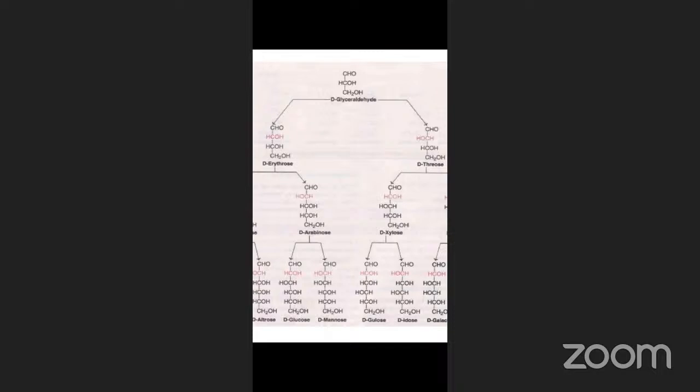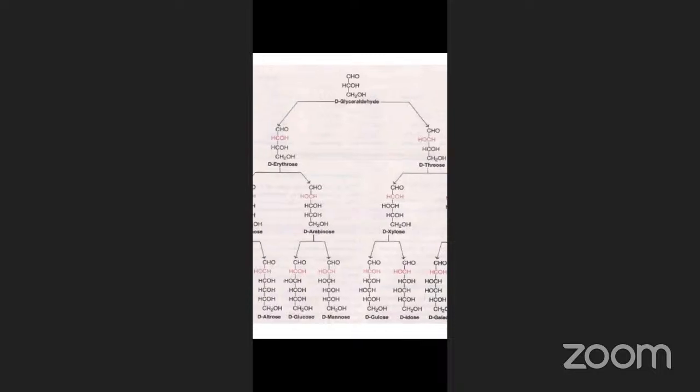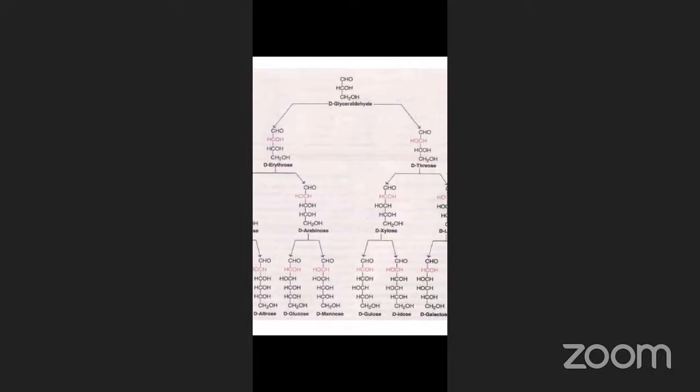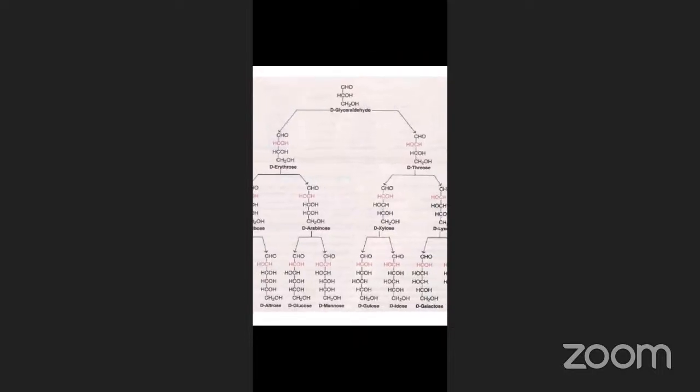Now you give the names erythrose and threose. In erythrose, the OH group orientation is the same as the precursor: OH is on the right side, H is on the left side. It is opposite in threose: H is on the right side, OH is on the left side. Is it clear till here? Any doubts?